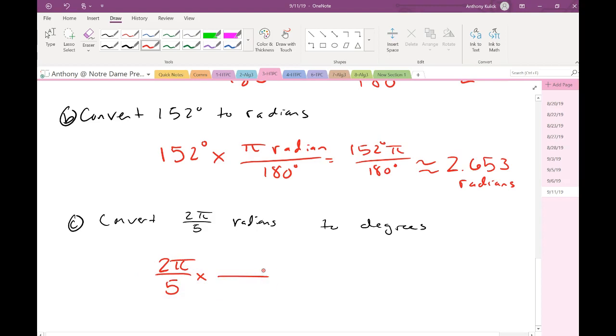I'm going to multiply this by some conversion factor. What should be the denominator of this conversion factor? Pi radians, and the numerator then is 180 degrees. And when I multiply this out, I get 360 pi over 5 pi, which reduces down to 72 degrees.